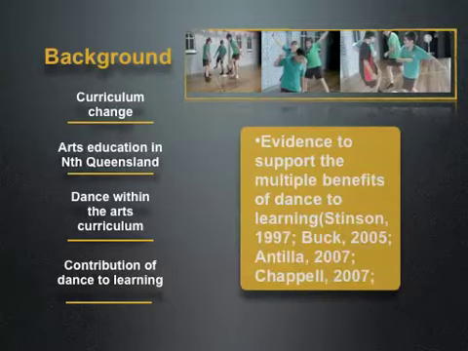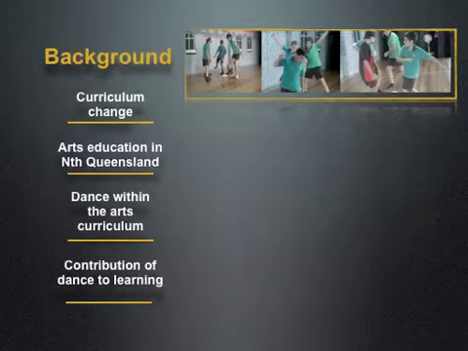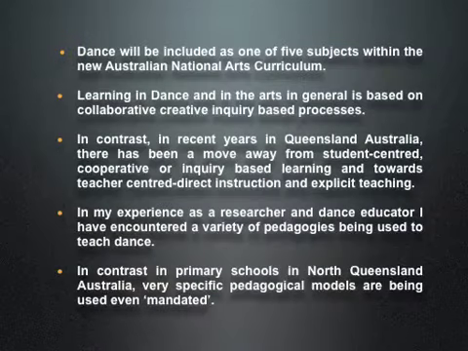Despite much evidence of the ways that dance supports learning across the curriculum, in particular towards cognition and social and emotional learning, collaborative and participatory learning, and of course physical learning. So dance will be included as one of 5 subjects within the new Australian National Arts Curriculum.